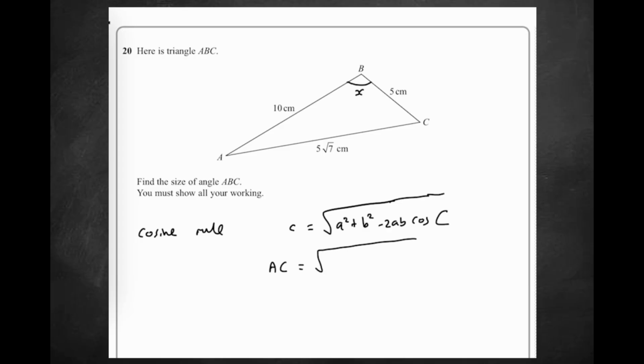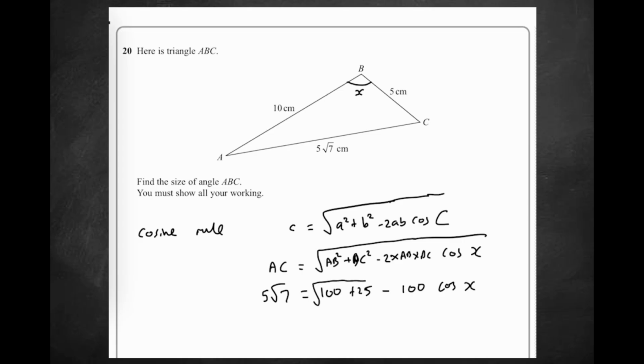Doesn't matter which order we put these, so I'm just going to say AB squared plus BC squared minus 2 times AB times BC cos x. Now put in numbers, so 5 root 7 equals AB squared, so 100, plus BC squared, that's 25, minus 2 times the 2 together, so 100, cos x, all square rooted.